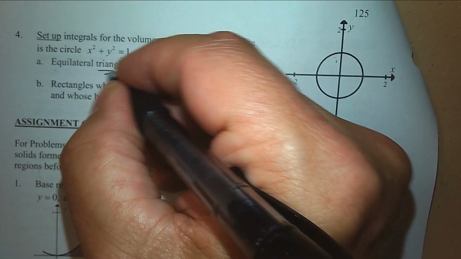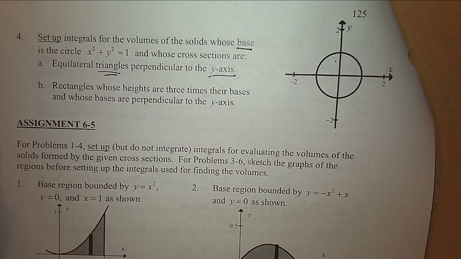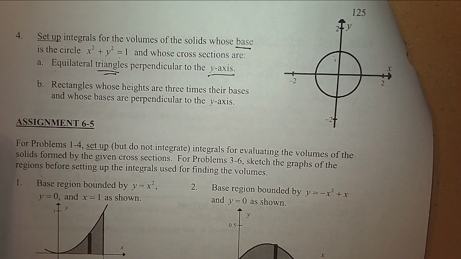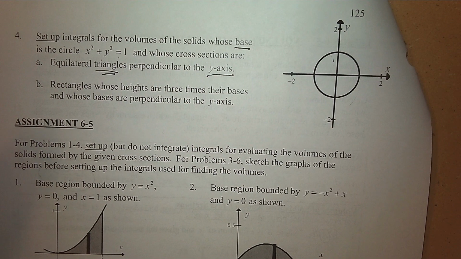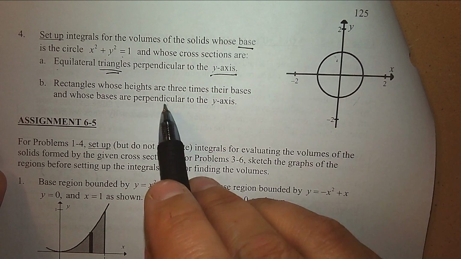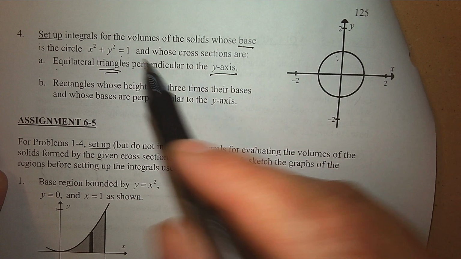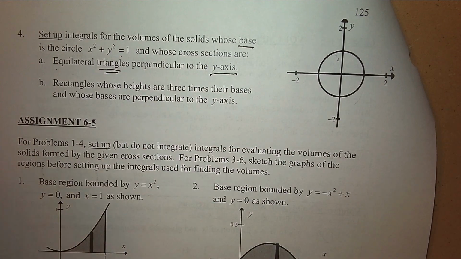What shape is it? And it's perpendicular to what axis? Don't guess. We're setting up the integration in terms of y. The bottom one says, again, perpendicular to what axis? In terms of y. What is the area of an equilateral triangle? And it's okay to look back.